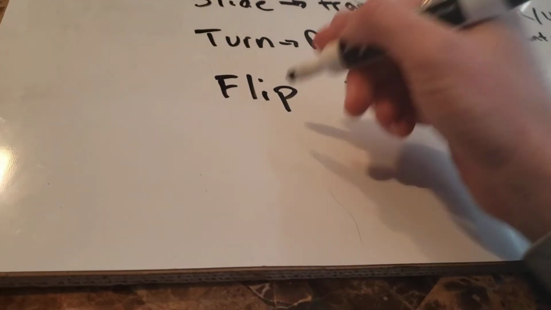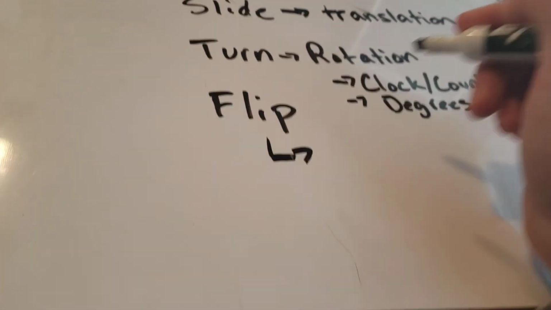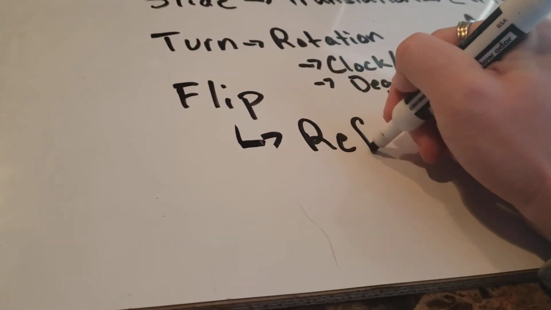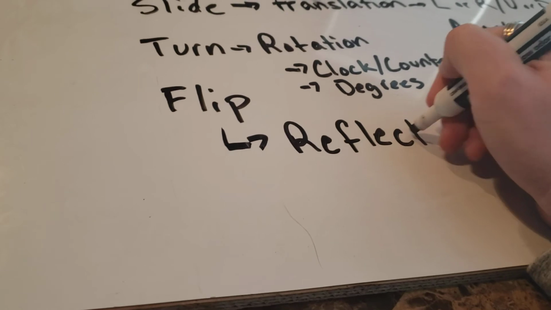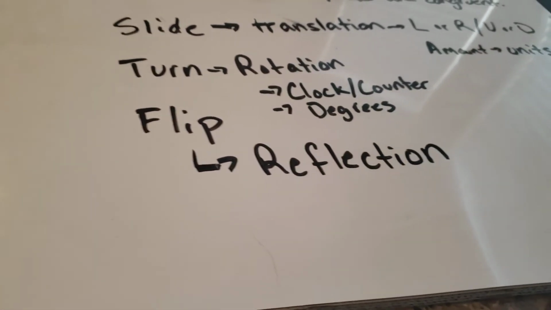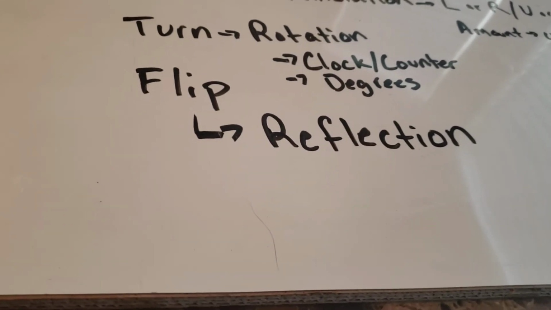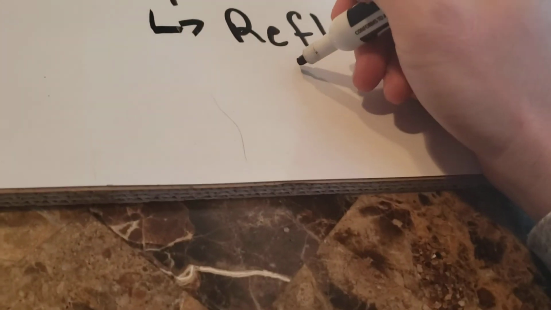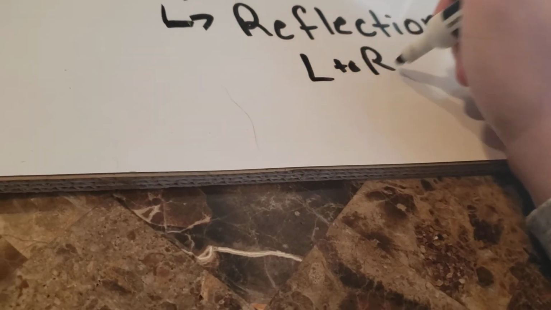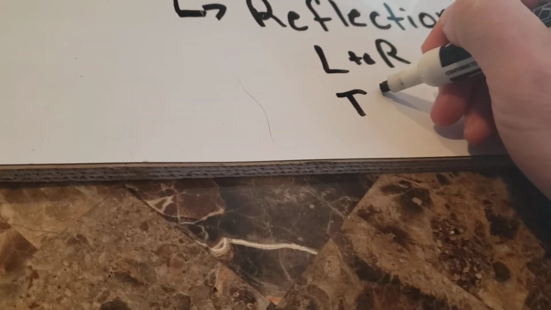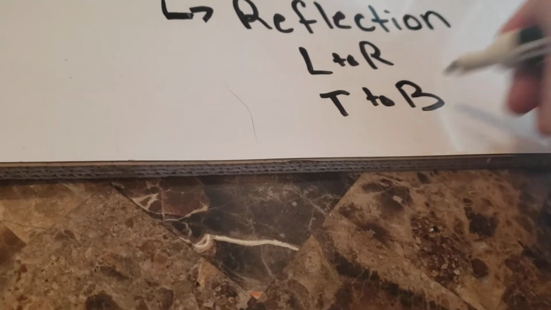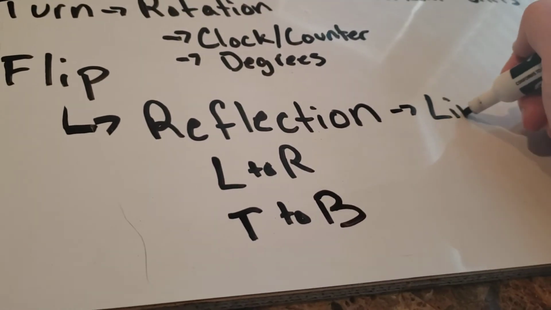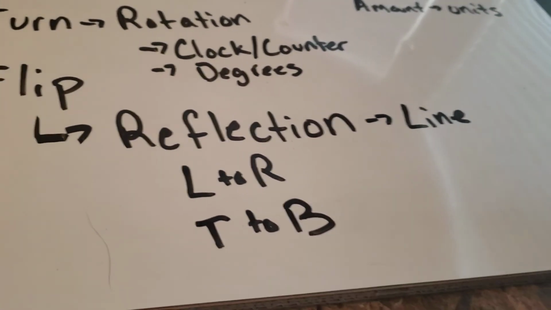And then flip. For flip, I want you to think of looking in a mirror. When you look in a mirror, you see your reflection. So a reflection, a mirror image, is a flip, right? You're either flipping it left to right, or maybe you're flipping it top to bottom, bottom to top. And with a reflection, we typically use a line to describe what we're going to reflect it over.